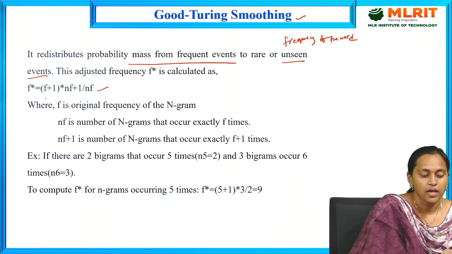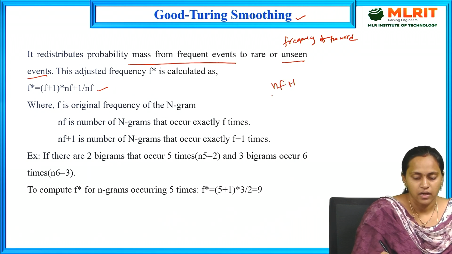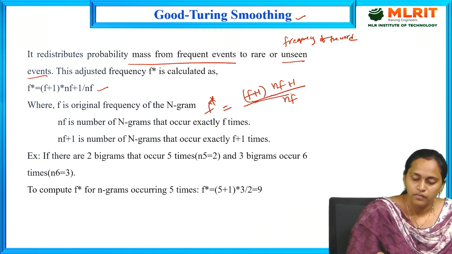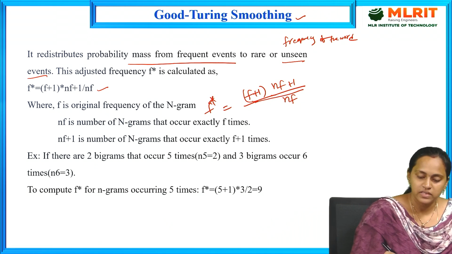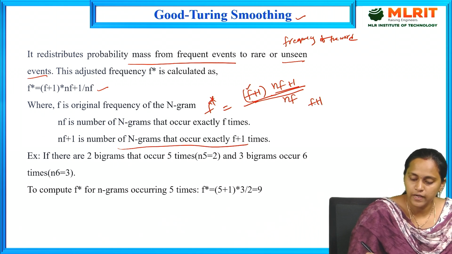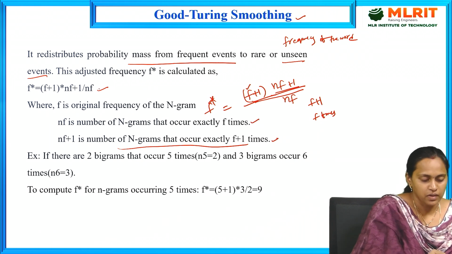The formula is F star equals F plus 1 into N of F plus 1, divided by N of F. This is the formula to find the frequency of the word, where F is the original n-gram count, N of F plus 1 is the number of n-grams that occur F plus 1 times, and N of F is the number that occur exactly F times.